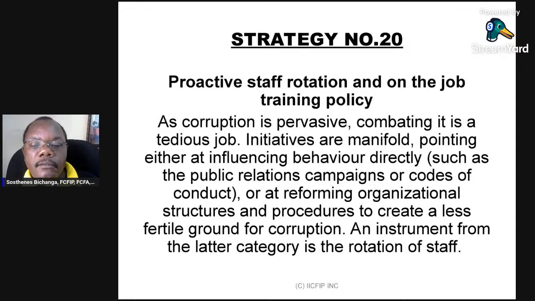Number 7, commission fraud. This can be discovered. Illustrations. I want now to illustrate how the above types of fraud can be discovered or detected using staff rotation.